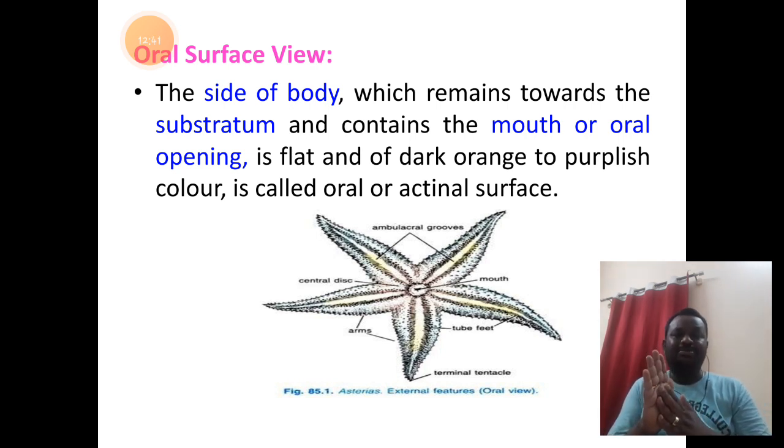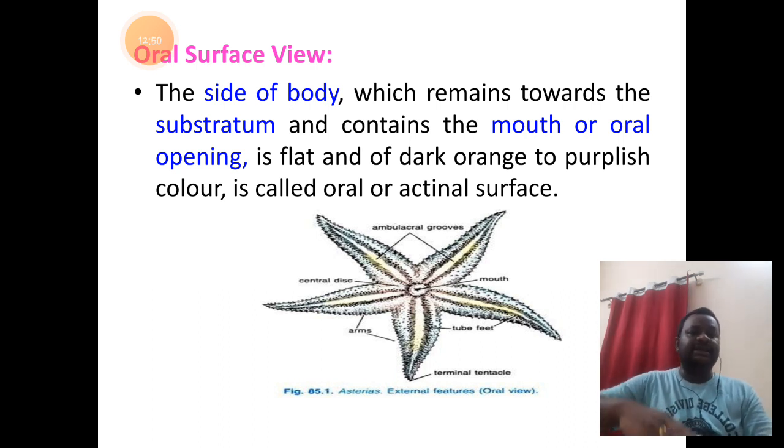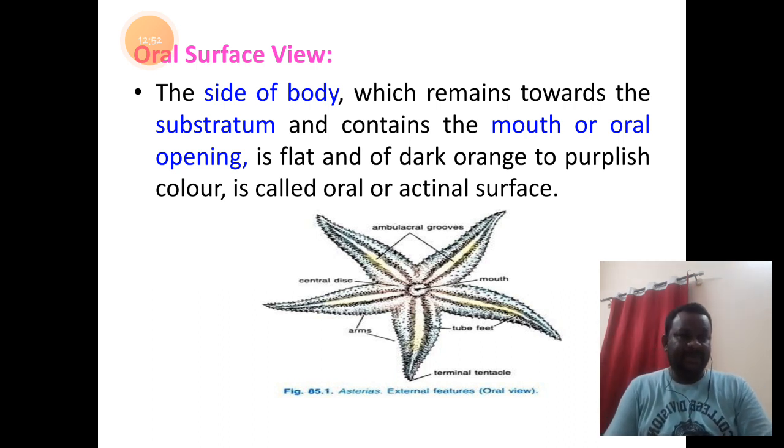First, we will look into the body at the oral surface. The side of the body which remains towards the substratum is called the oral surface. At the center of the central disc, this oral surface contains the opening of the mouth, or oral opening.